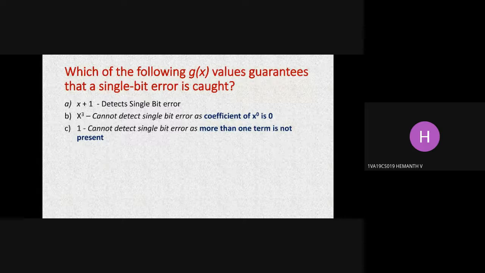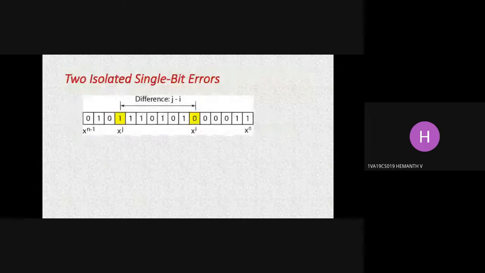Next, the type of error it can detect is two isolated single bit errors. You can see in the image where the bits are written. From the left side, the first bit represents x power of 0, and the last term represents x power of n minus 1.